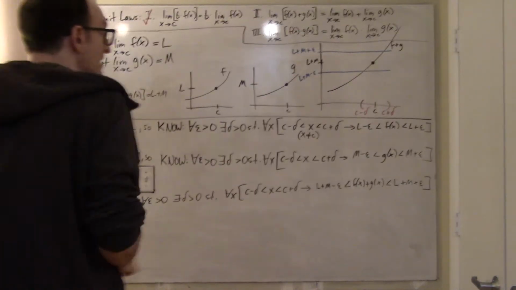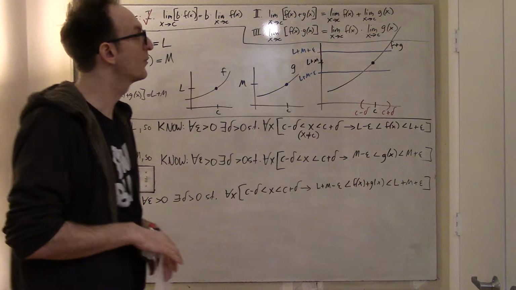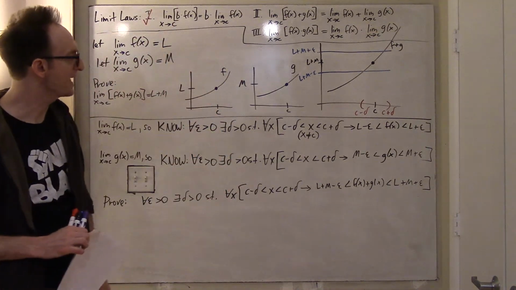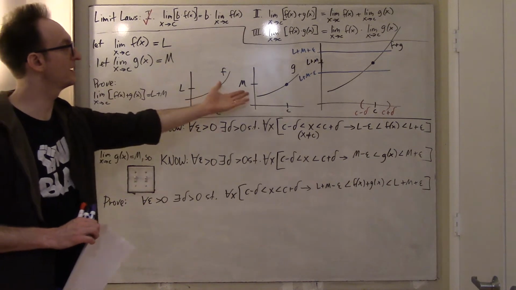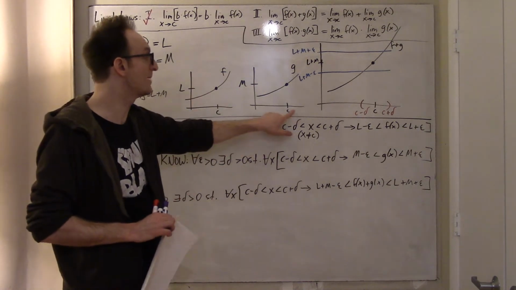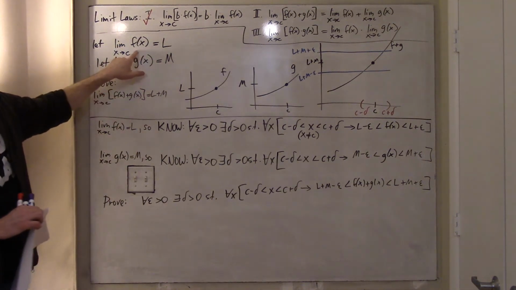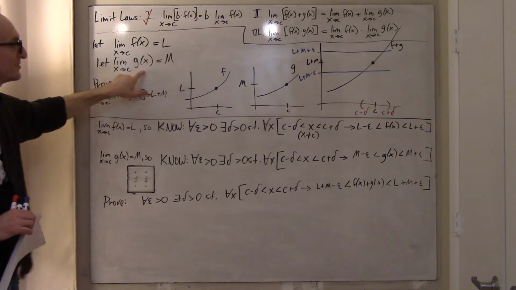But of course, what is the f plus g function? It's just the f function plus the g function. And what do I know about these f and g functions? Well, I know a lot about their behavior near C. Specifically, I know that the limit of f is L and the limit of g is m.